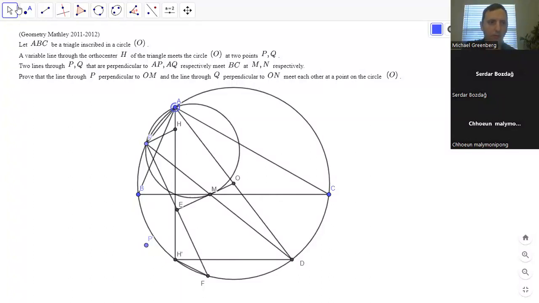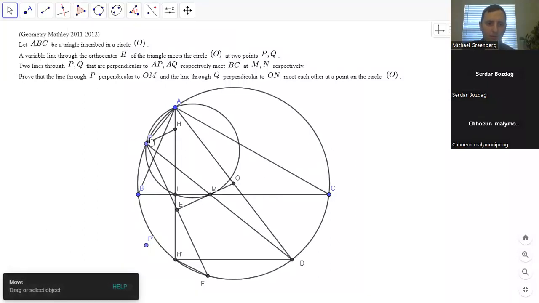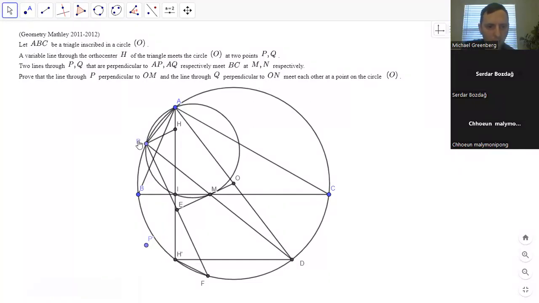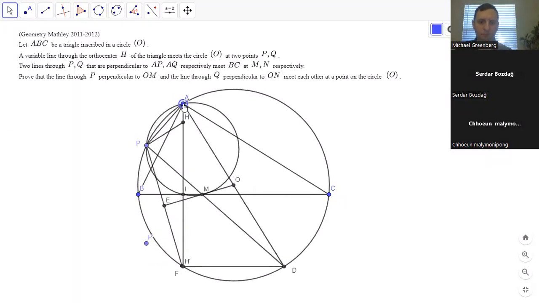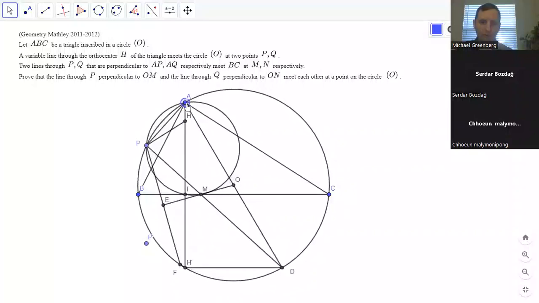I think we're pretty close. Is this tangent to the circle?